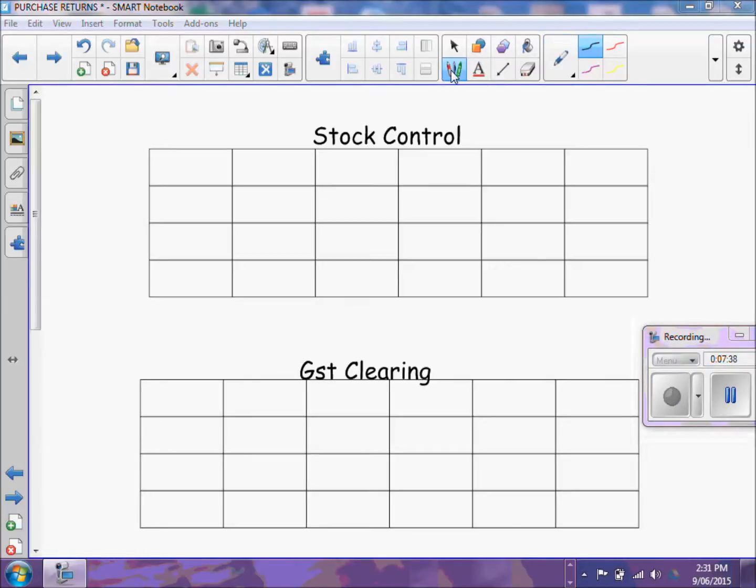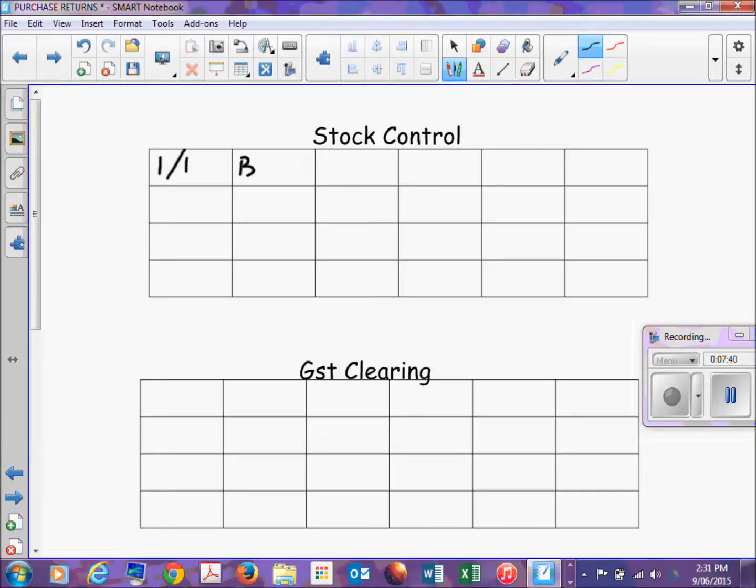Debit side. So let's put an opening balance in. When we bought the stock, it would have also gone on the debit side. What would the cross-reference have been?